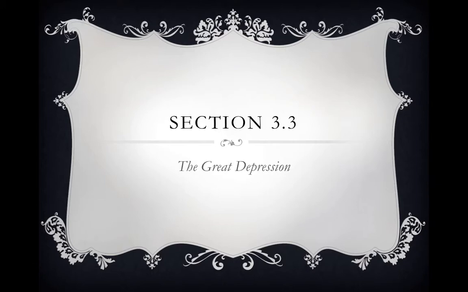I also want you to be keenly aware of different explanations that economists have ascribed to the Great Depression. There are three distinct views that we're going to take a look at in this lecture, and I want you to understand the most important points.